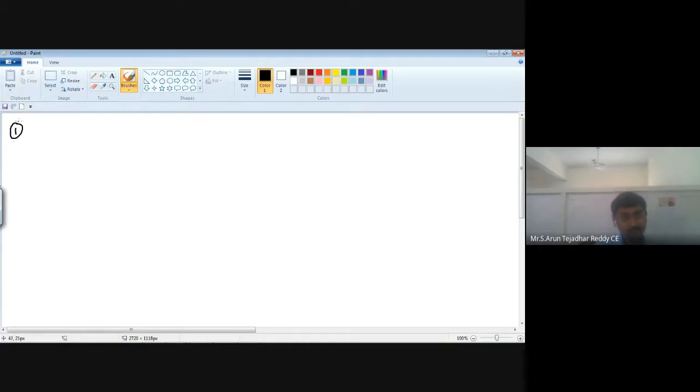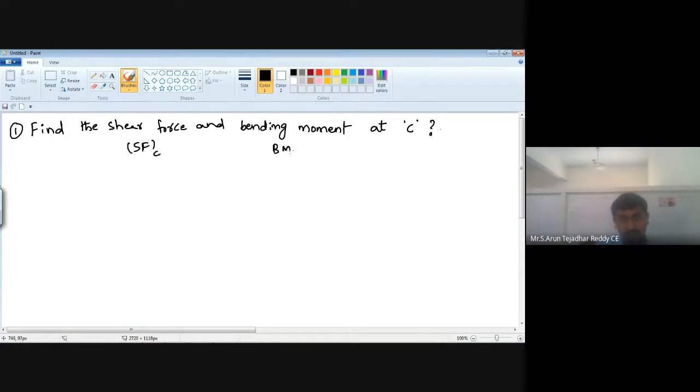That is, find the shear force and bending moment at C. Okay, it means find out the shear force at C and the bending moment at C. So two concepts in a single problem.